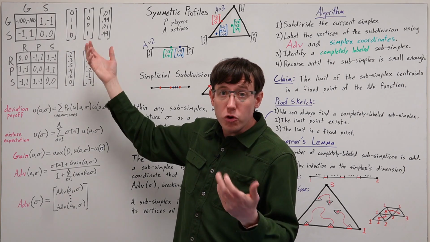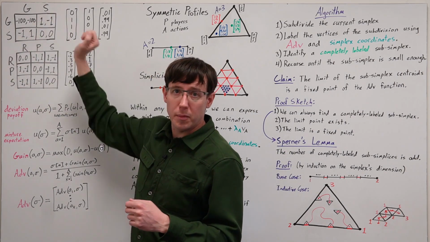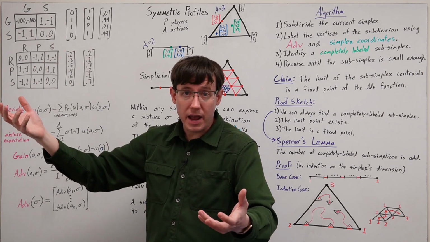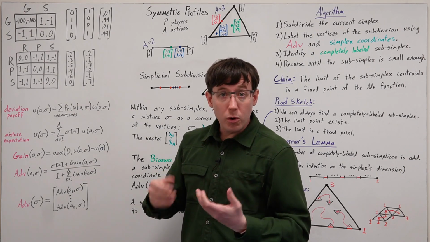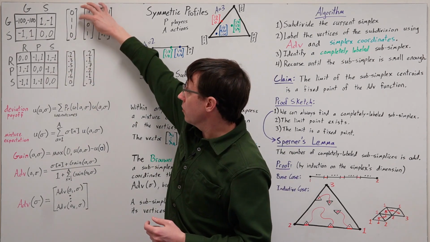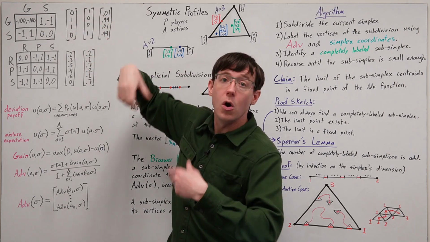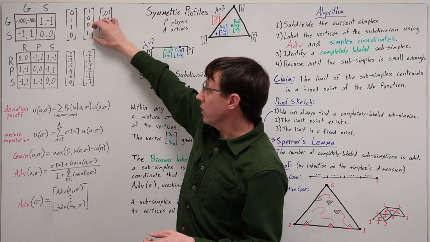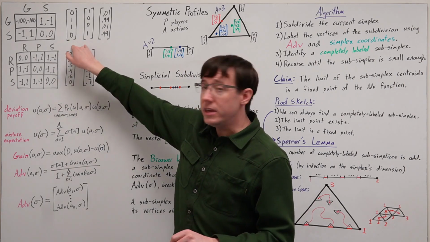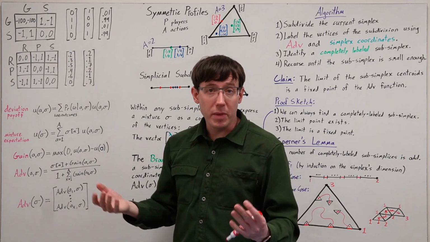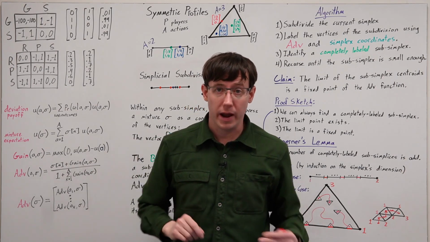In chicken, we have 2 pure strategy Nash equilibria, stop-go and go-stop, and represented as mixed strategy profile vectors, those correspond to the probabilities 0, 1, 1, 0 for stop-go, or 1, 0, 0, 1 for go-stop. But neither of these profiles is symmetric because the 2 players are using different strategies.